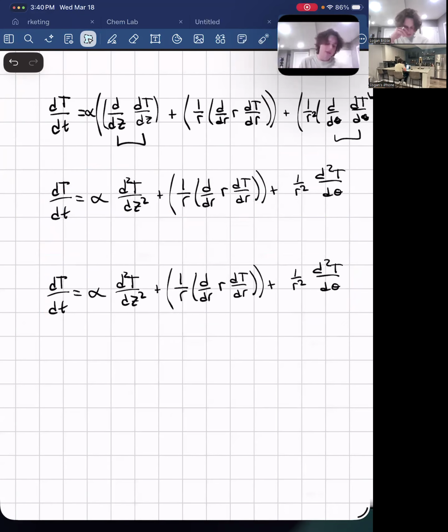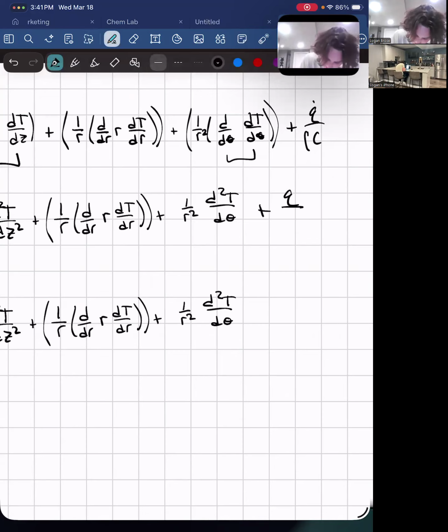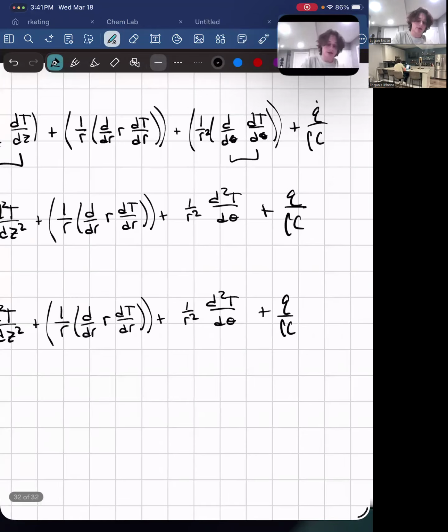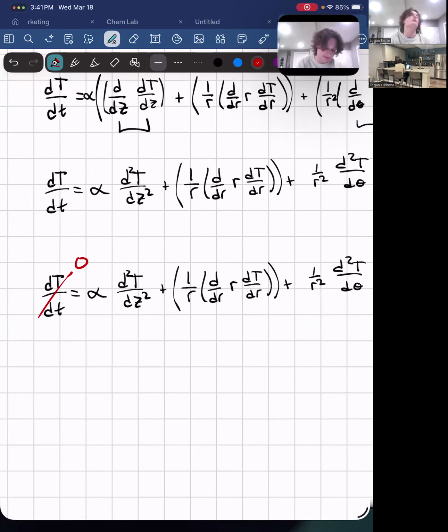The question gives us that there's no, I again forgot my Q up here. So we have no heat generation according to the question. And we're also at steady state, so that equals 0.